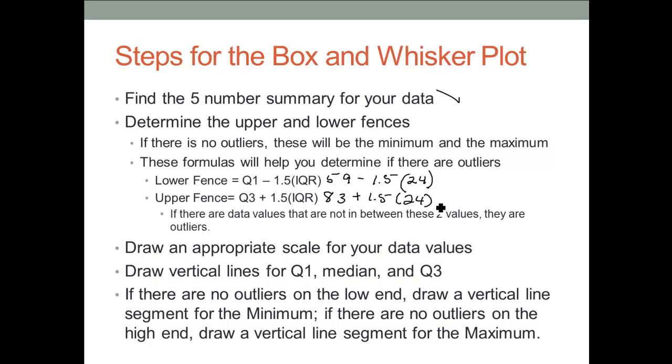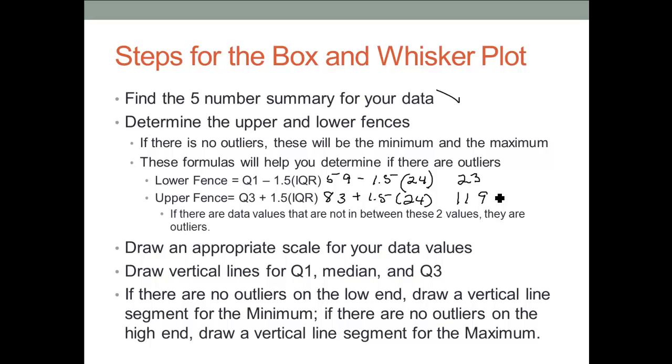Plug those into the calculator. That is 23. And our upper fence is 119. We have no data values that lie outside the upper fence and the lower fence, so we have nothing called an outlier. Outliers are data that doesn't really fit with what we're doing. So we don't have any outliers.